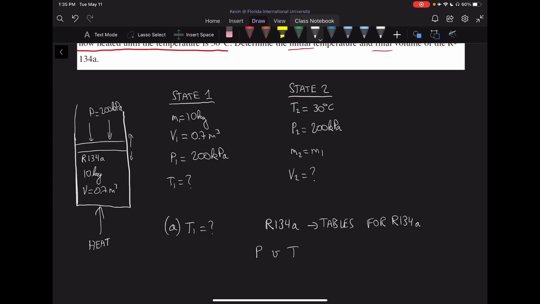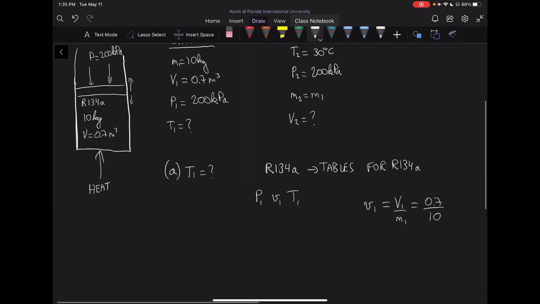Can we find specific volume from our existing volume? Yes, we can. Specific volume is equal to volume over mass. So it's equal to 0.7 divided by 10.